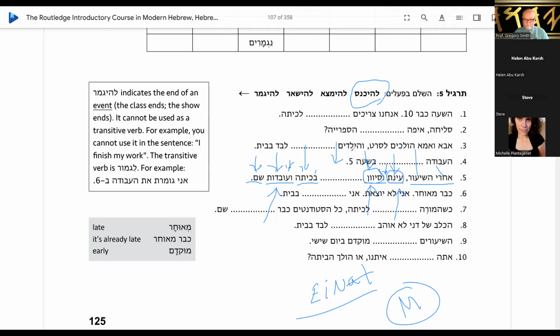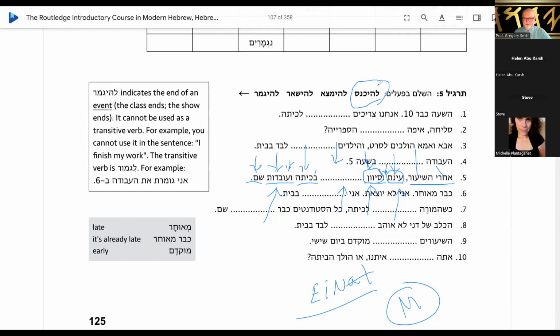Bakita va'ovdot sham. I want to make sure we get this right. In class and work there. So I think it has to probably have something to do with stay, right?